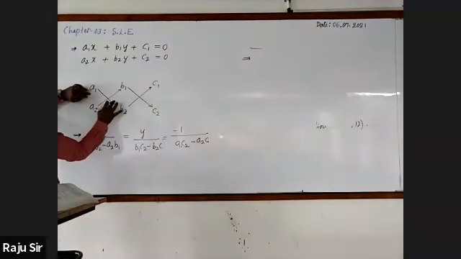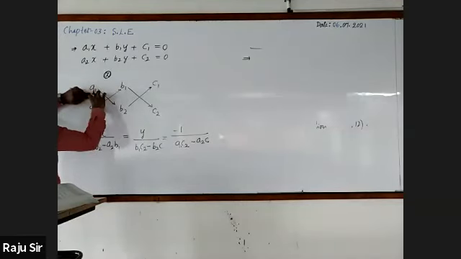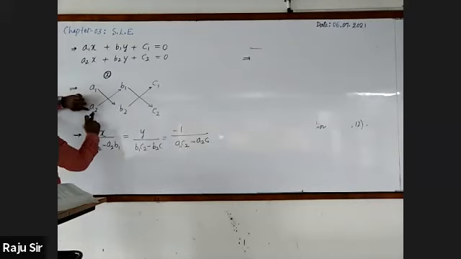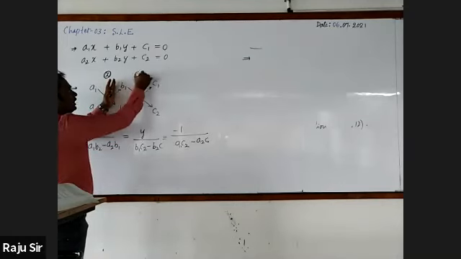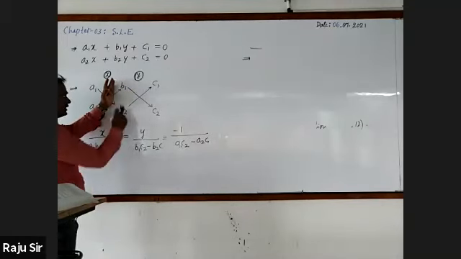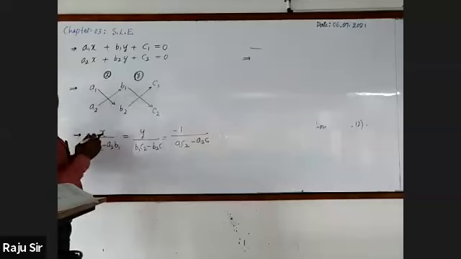Next, with respect to x, we will take AB. So here A1 B2 minus A2 B1. Next, we will go for taking y. Y is B1 C2 minus B2 C1.